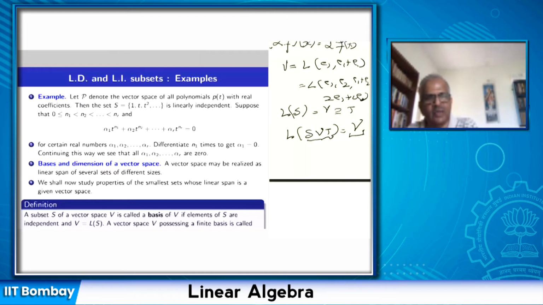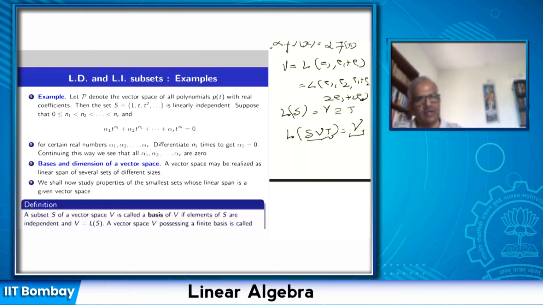So you can expect that the vector space of all real polynomials will be infinite dimensional. Because if I take finitely many polynomials, they have bounded degree. There is an upper bound on the degree. So I can't get polynomials of higher degree as linear combinations of polynomials of lower degree.